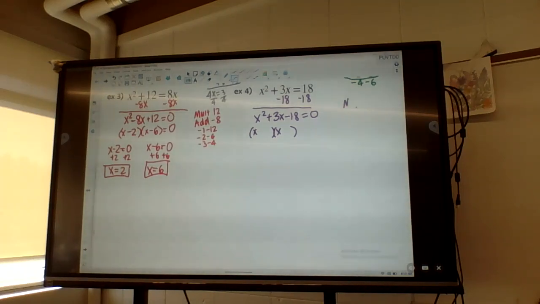So we want to multiply to -18, but add to +3. So I think that's our list there. And the one that adds to +3 is -3 and +6. +3 we want to get.